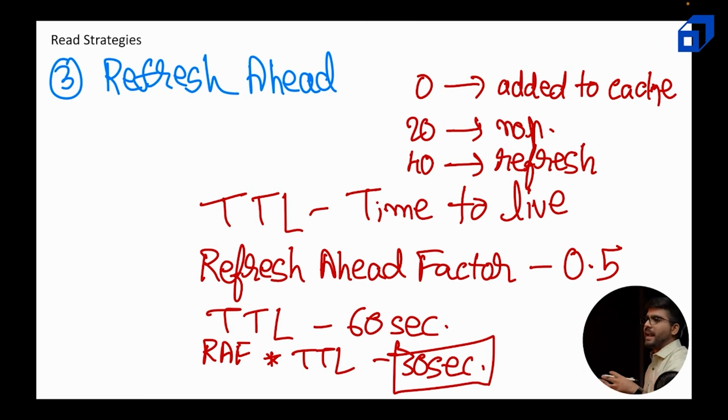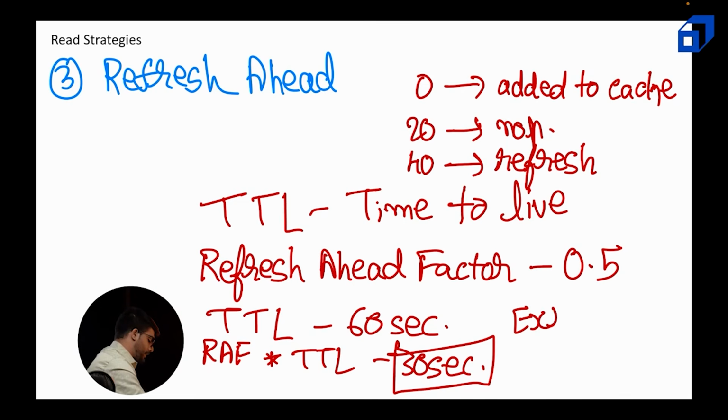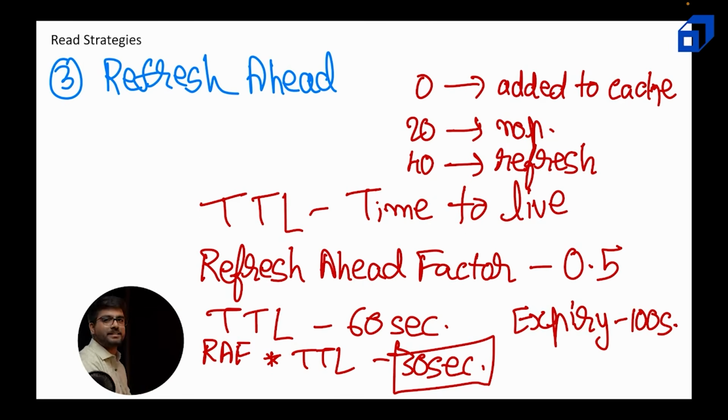But whatever expiration time that we had earlier is going to change now. Earlier it was 60 seconds. Now on the 40th second, if we refresh it again, the expiry is going to be updated to 100 seconds. So it's going to live much longer inside the cache if we understand that this is hot data and it's going to be accessed more frequently.